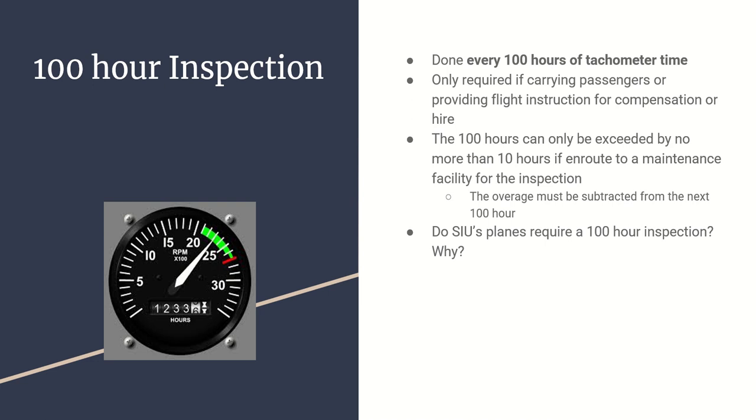So I said 2.5 over, so now we would expect the next inspection to be done at 97.5 hours of TAC time from this current inspection, if that makes sense. That was kind of a bad example because I have a decimal there, but I hope that's clear.